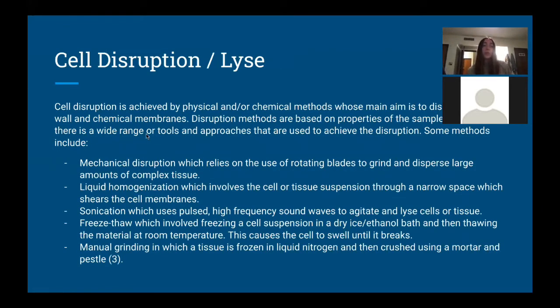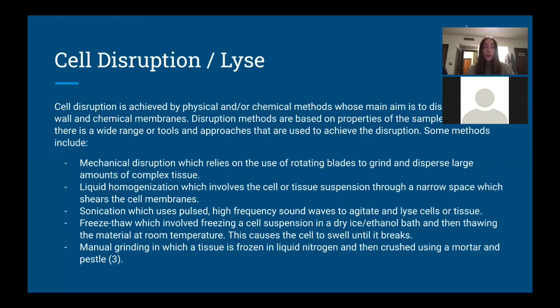So, looking a little closer at the first step, which is cell disruption, also known as lysis, it is achieved by physical and/or chemical methods whose main aim is to disrupt the cell wall and cell membranes. Disruption methods are based on properties of the sample, meaning there is a wide range of tools and approaches used to achieve this disruption.